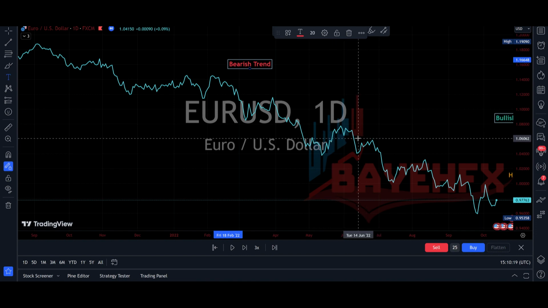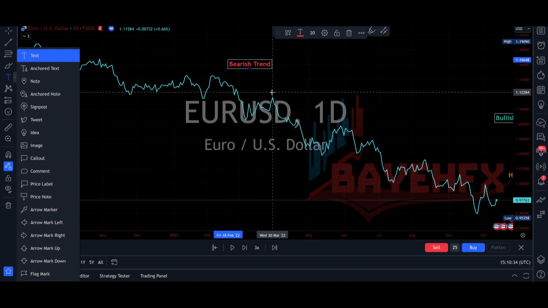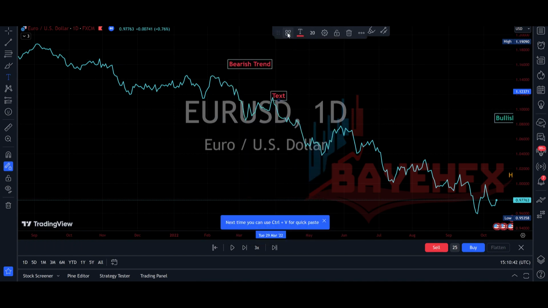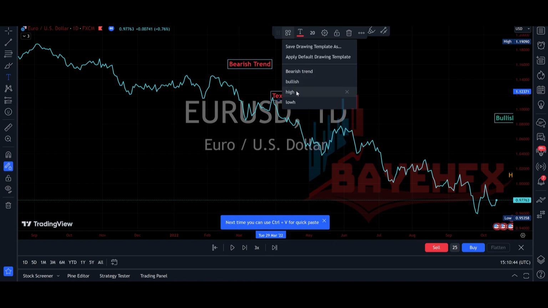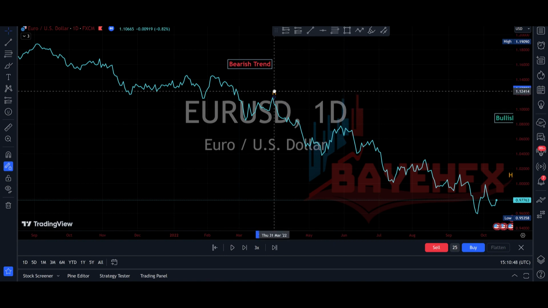Just the reverse pattern of the bullish trend. The market making highs and lows, but going down. This is a reverse pattern of this.